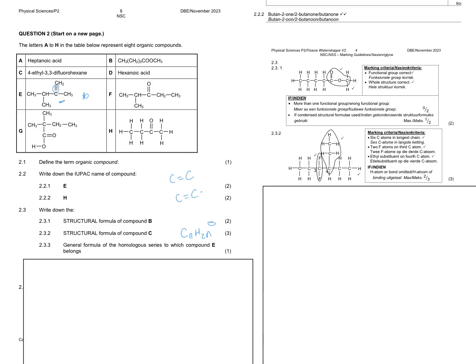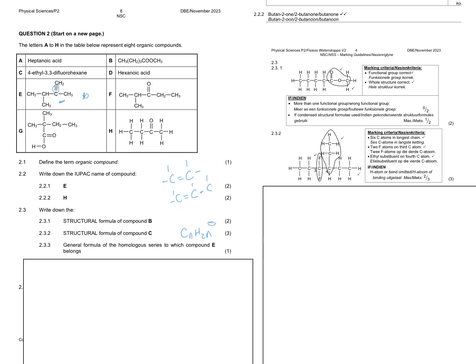Here are the 2 smallest alkenes. This one will have 2 carbons and 4 hydrogens, if we just draw it quickly and make sure that each carbon has 4 bonds. This one has 3 carbons, and it has 1, 2, 3, 4, 5, 6.